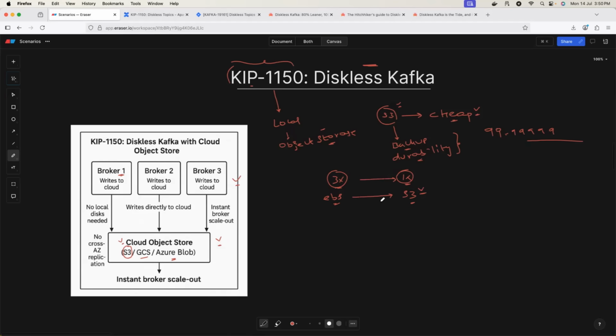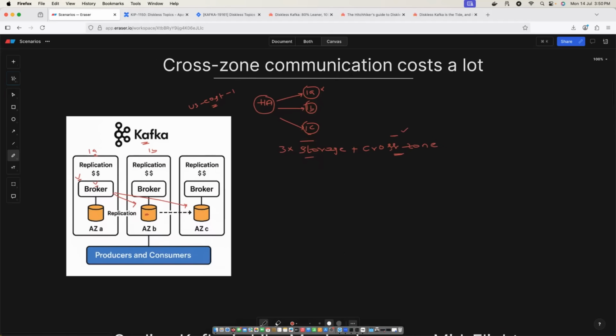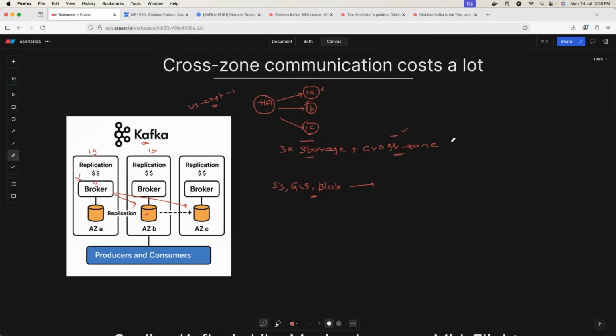Now, if we talk about cross-zone networking costs, because that is another thing that we discussed. With S3, or GCS, or maybe Azure Blob, these cloud providers ensure data written to S3, GCS, or Azure Blob is replicated to different availability zones and different regions.